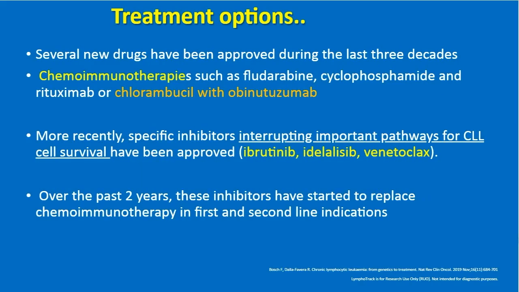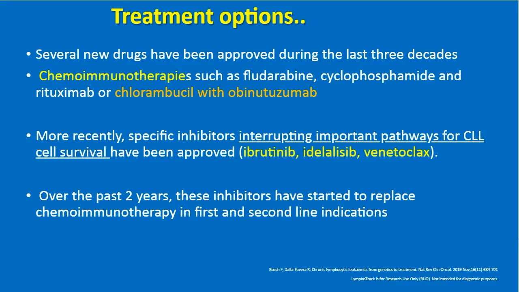And over the last few decades, tremendous progress has been made regarding treatment options for CLL patients, especially chemoimmunotherapy: fludarabine, cyclophosphamide, and rituximab, FCR, and other combinations with newer generation treatments.